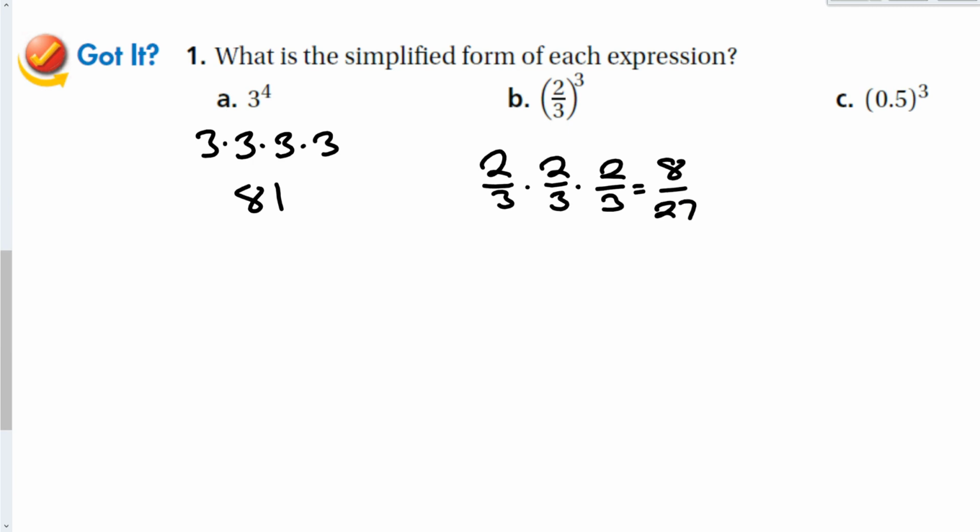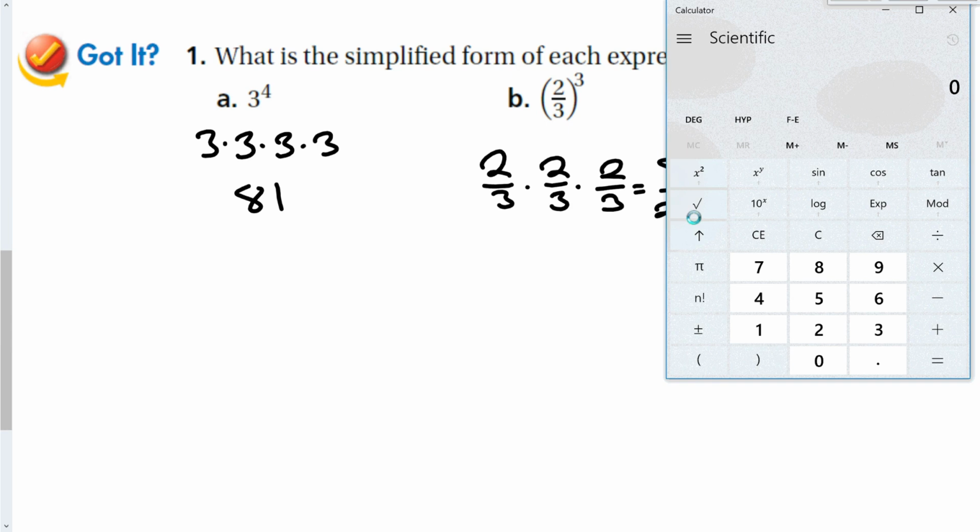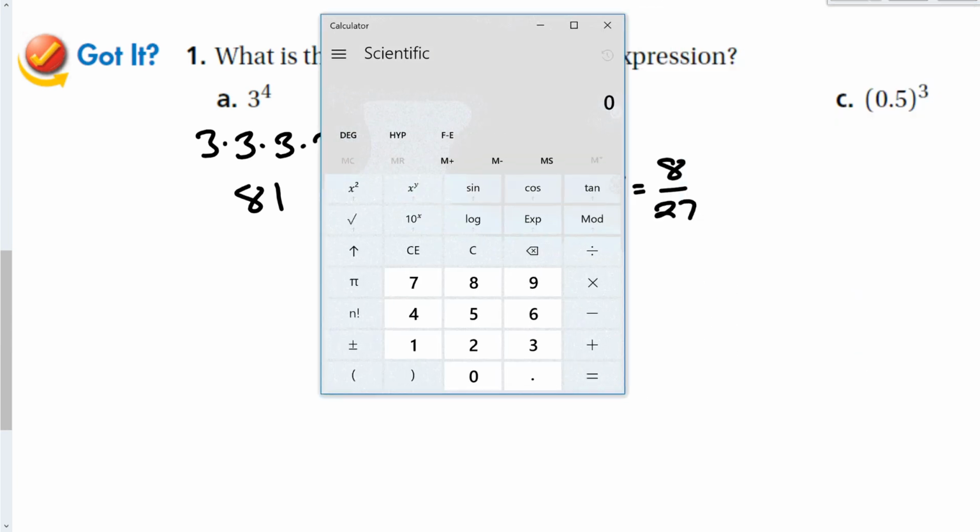Okay. And for the last one, 0.5, let's look at a calculator. Let's move it out of the way. Okay. And hopefully on your calculator, you can see that we have a button right here that has some sort of exponent there. We have our button right there for squared, okay?